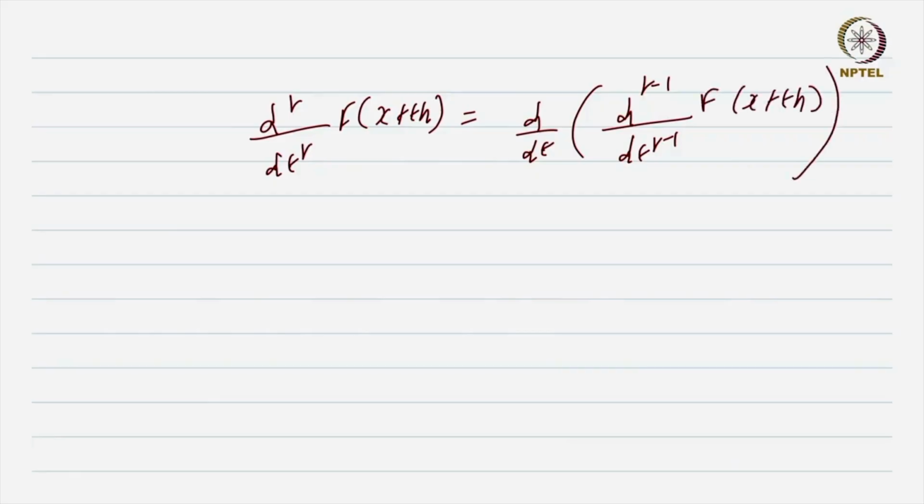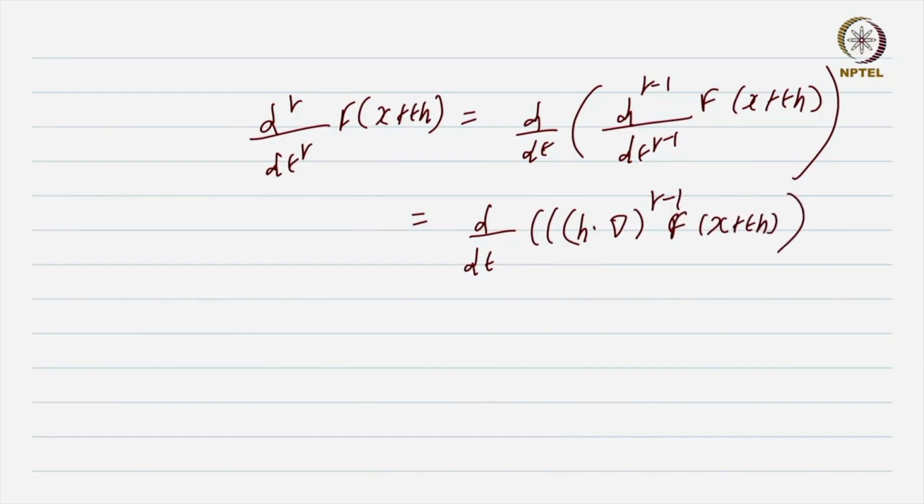Which we know by the induction hypothesis is nothing but d/dt of (h · grad)^(r-1) f(x + th). And this is just by the definition of h · grad and the fact that the result holds for the one variable case. This is just (h · grad)^r f(x + th).